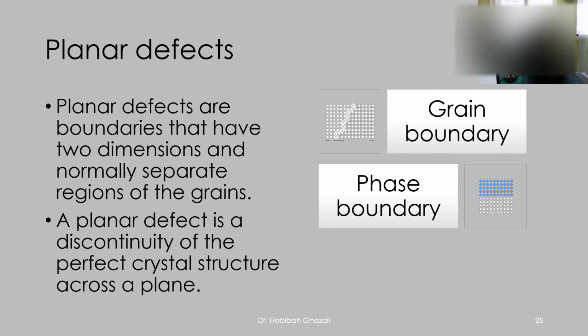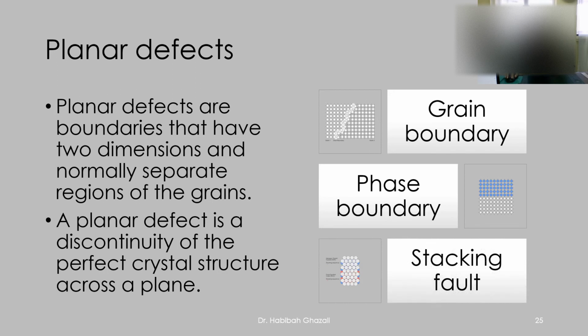We could also have a phase boundary, in which two materials cannot dissolve in each other. When they solidify, they will create two phases. The region where one phase meets another is also a planar defect. Lastly, we have the stacking fault.